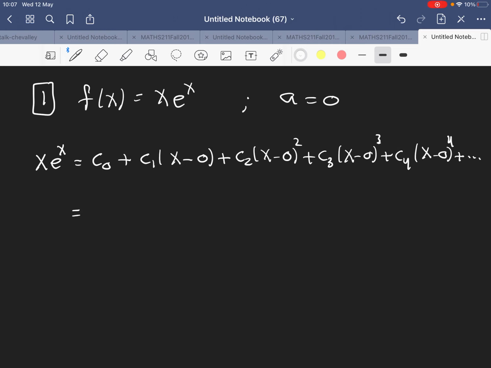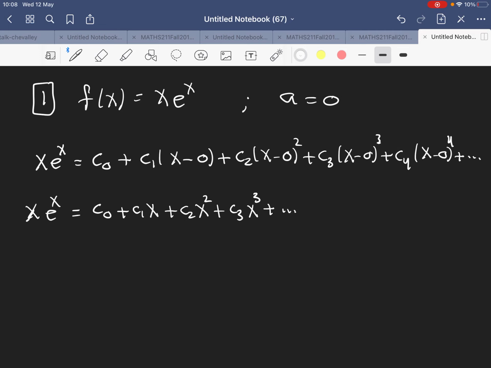Which means, with this shortcut, this is c0 plus c1 x plus c2 x squared plus c3 x cubed and so on. That is what we need.